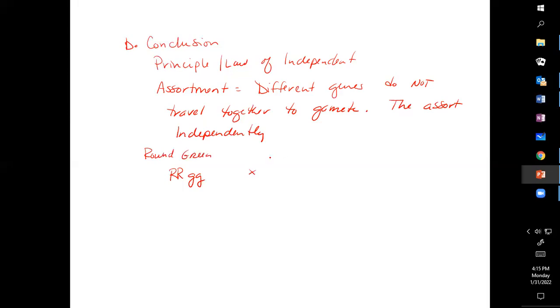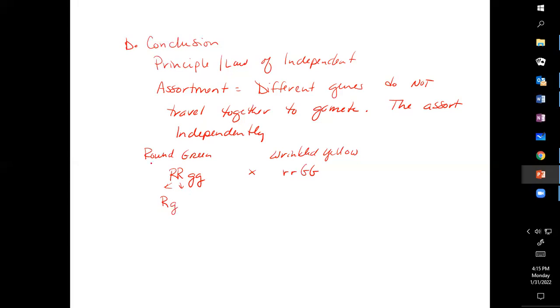We cross it with the wrinkled yellow, which was recessive for one, dominant for the other. Mendel's first law says that these have to separate. So big R is going to separate, but the gametes are going to get one of those R's, and the little g's are going to separate, so all the gametes are going to get a little g.